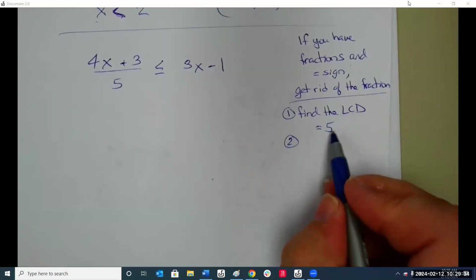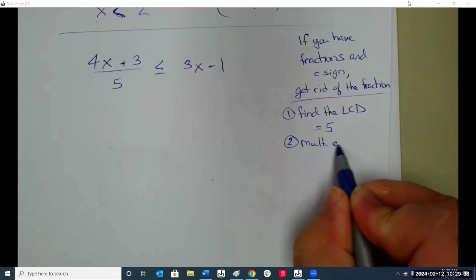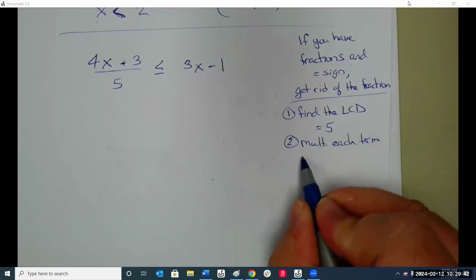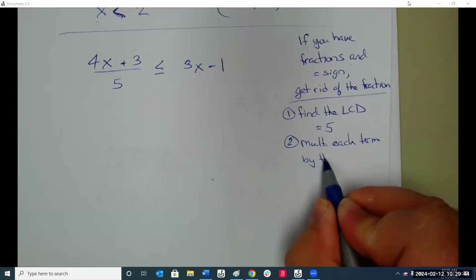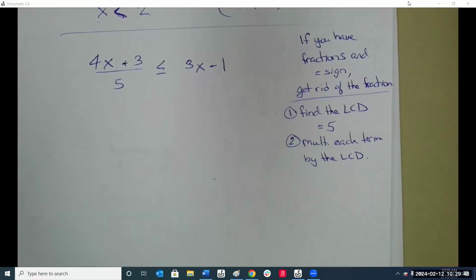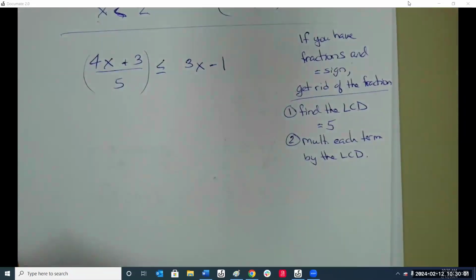So find the LCD, then multiply each term by the LCD. How many terms do we have here? Three terms. This is one term, so it's a fraction.